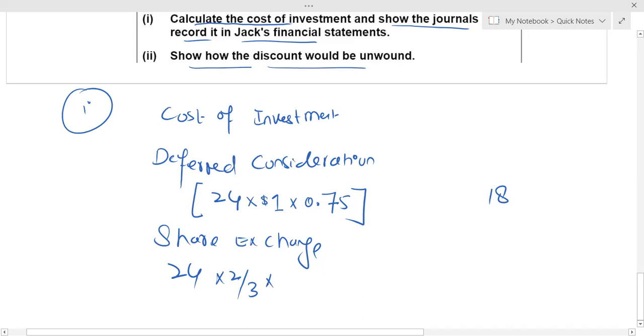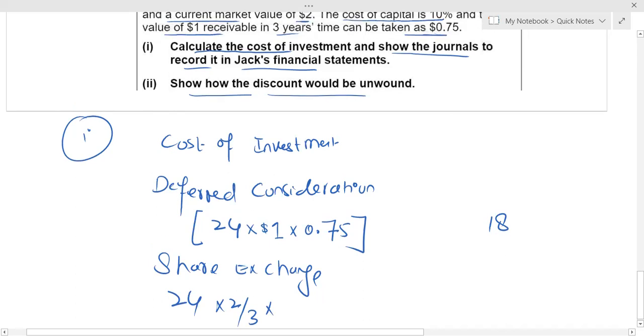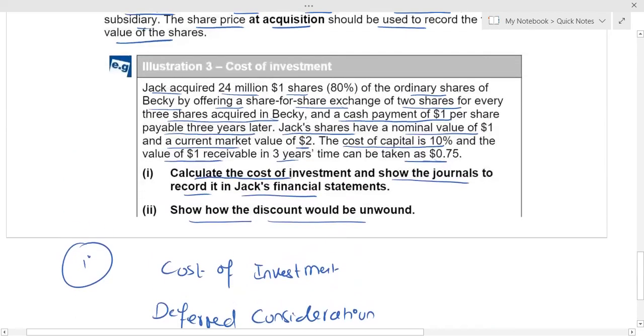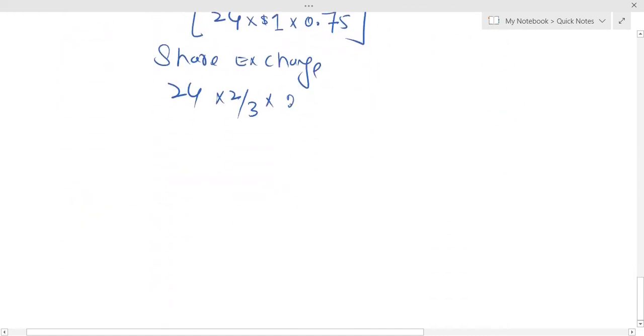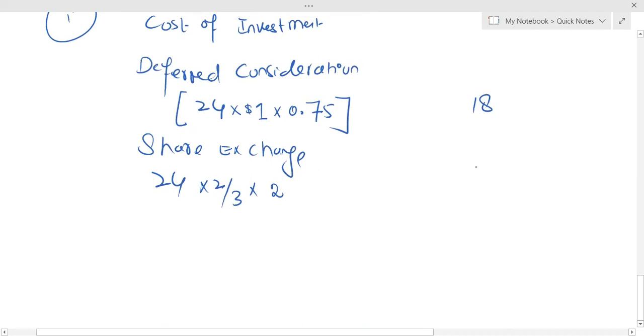The current share price of the parent on the acquisition date is $2. So I'm getting 32. So logically, the cost of investment is 50. While calculating goodwill, the parent's cost of investment will be 50 million.